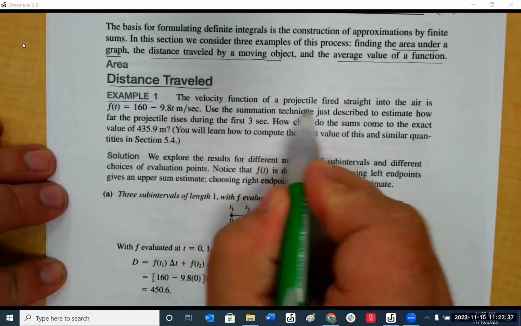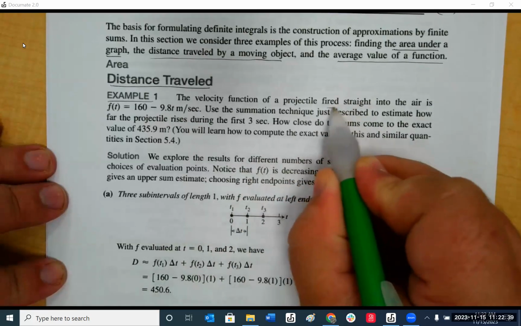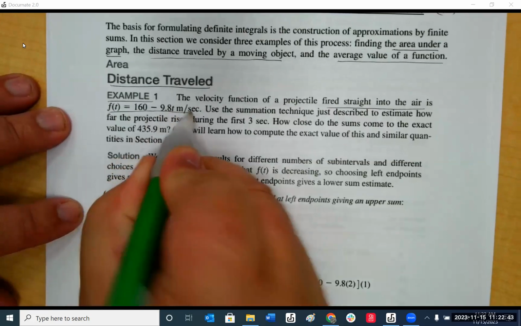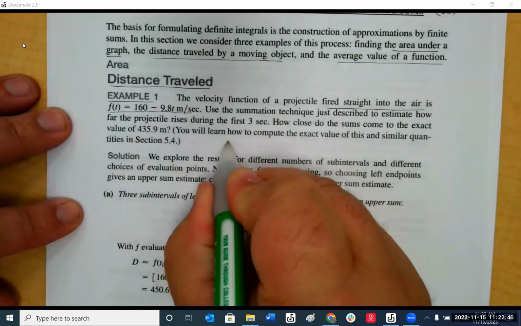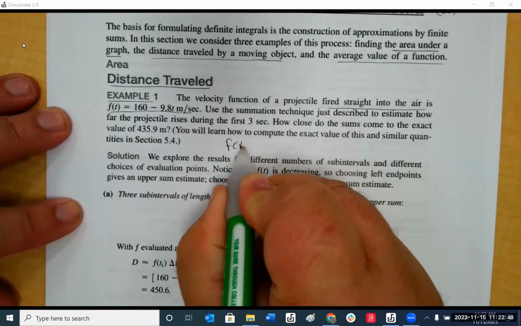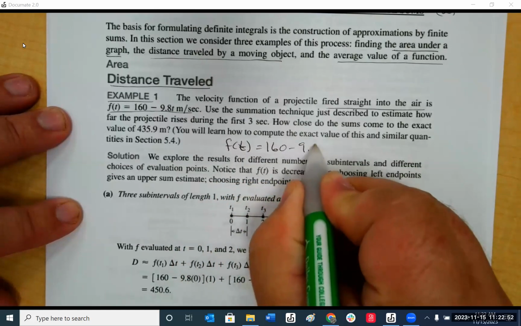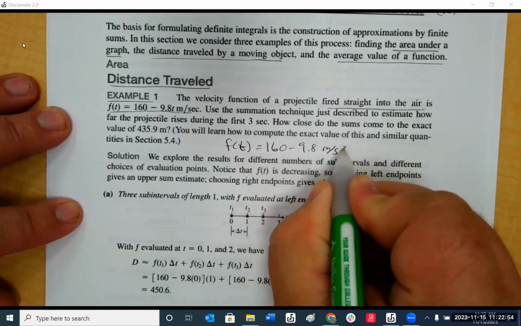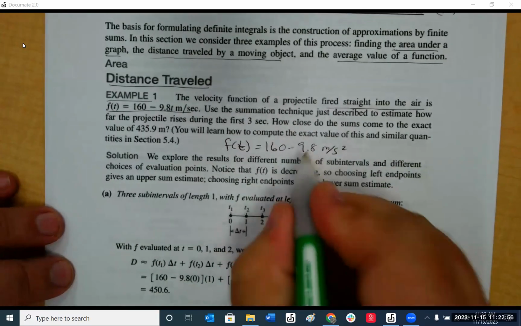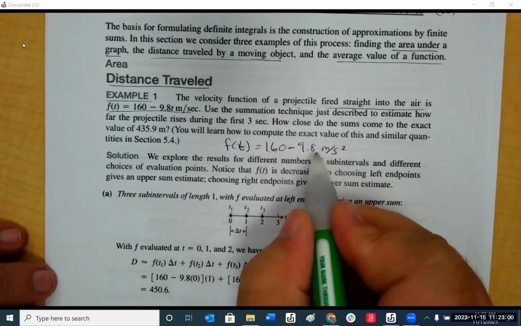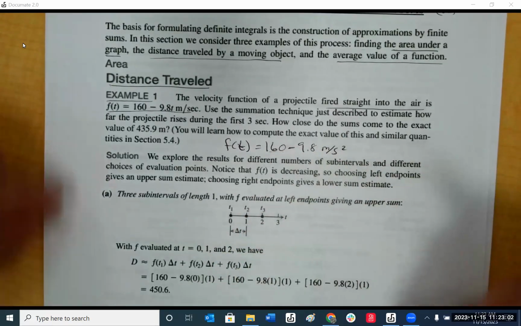The velocity function of a projectile fired straight up into the air is f of t, so our function is f of t = 160 - 9.8t meters per second, where 160 is the initial velocity and 9.8 is the force of gravity pulling back down.